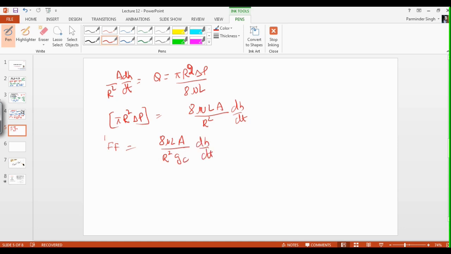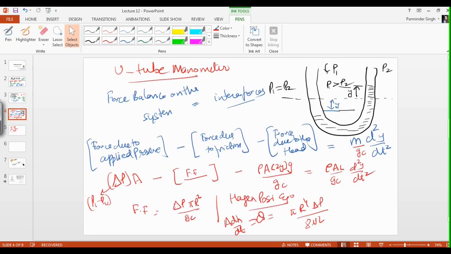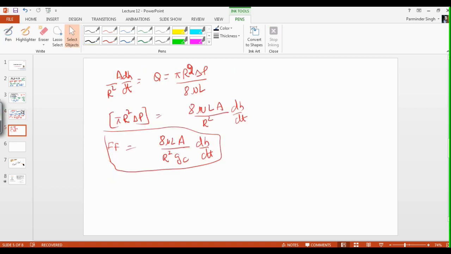Now we substitute this value of frictional force in the equation, so our equation comes out to be delta P into area minus 8 mu L A by r square gc into dH by dt.